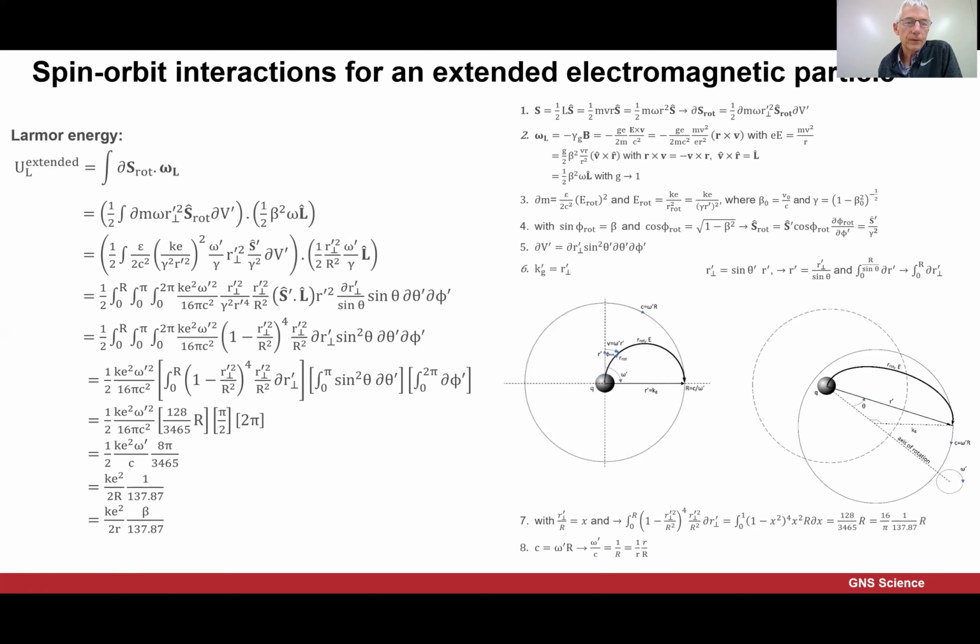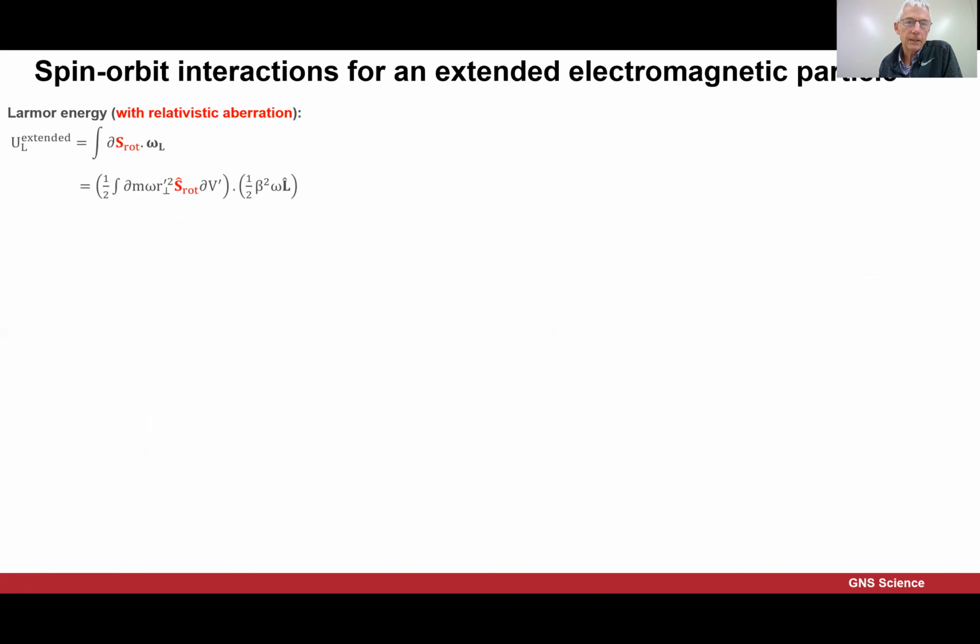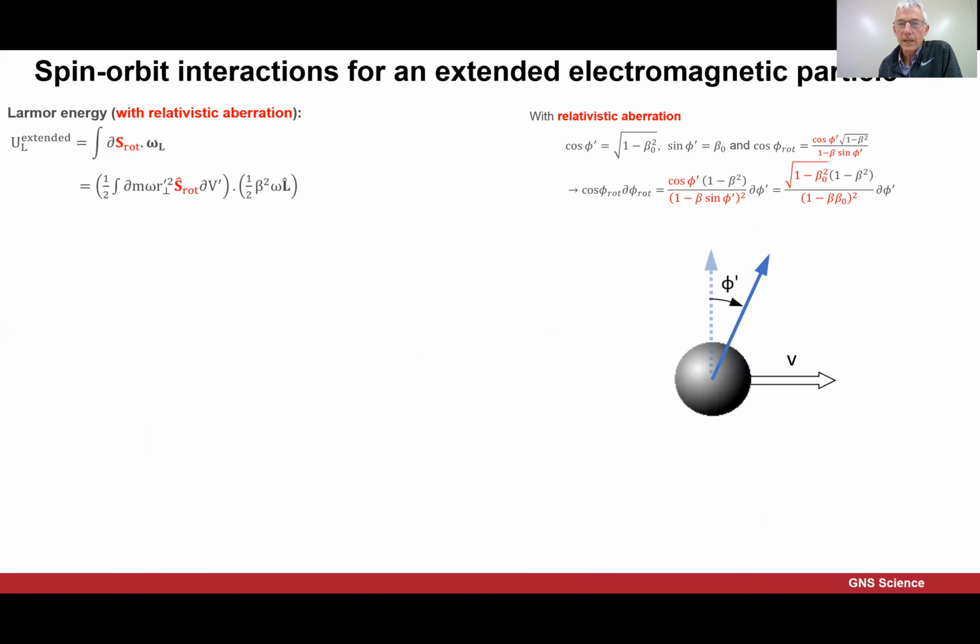I managed to do one further refinement to this expression by incorporating a relativistic aberration. That is where we consider the relativistic transformation of angles in a moving frame.